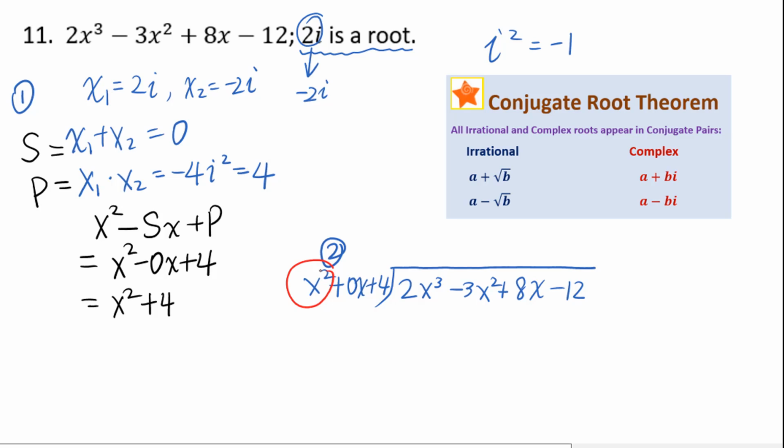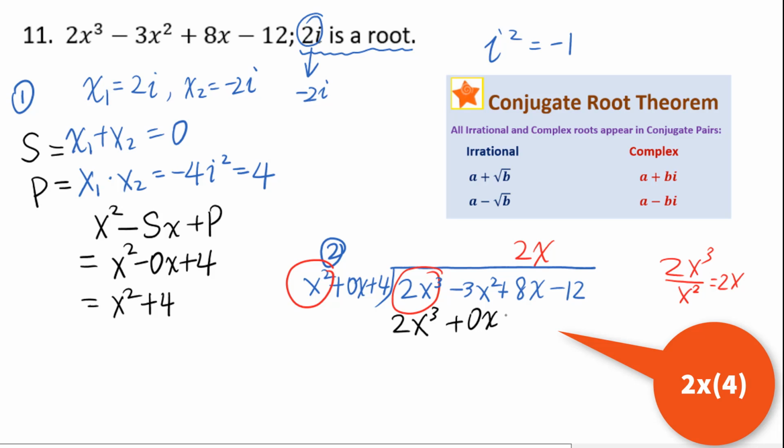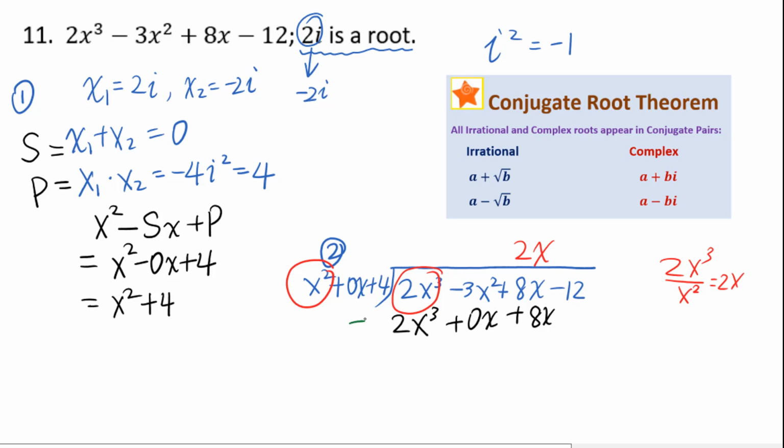The leading term, 2x third power divided by x squared equals 2x. Then the distributive property: this is 2x third power plus 0x plus 8x. Subtract. Then we change into addition by changing the sign.